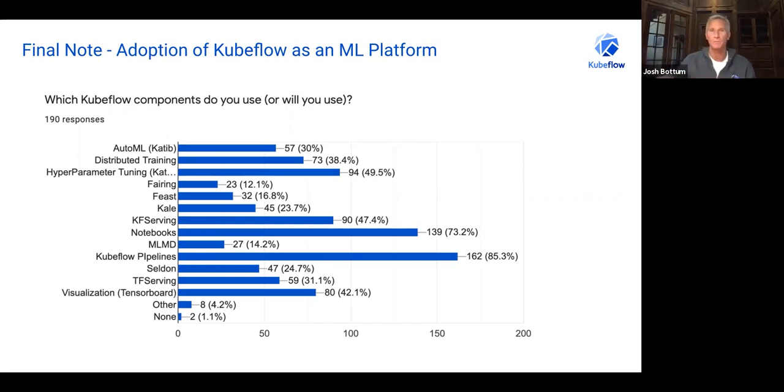And if you dig down a little bit further, you'll see the training operator as well as TF-serving are others. So you could make a case here that a third of users are potentially using 7 or 8 different components, or plan to.